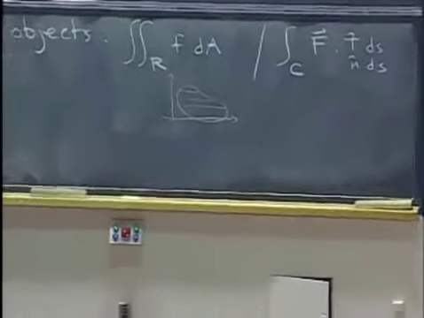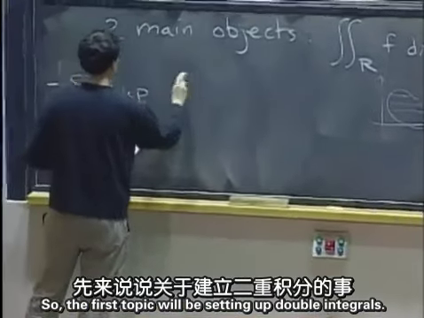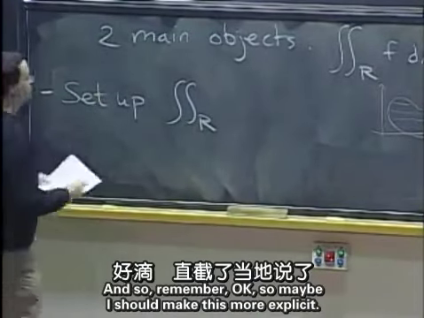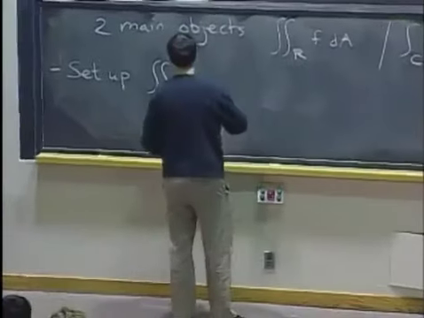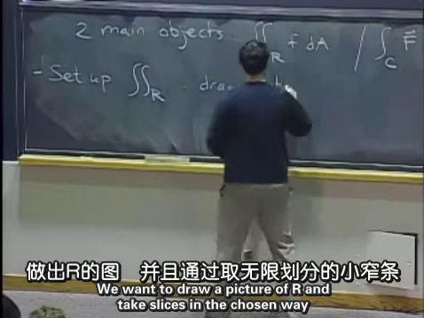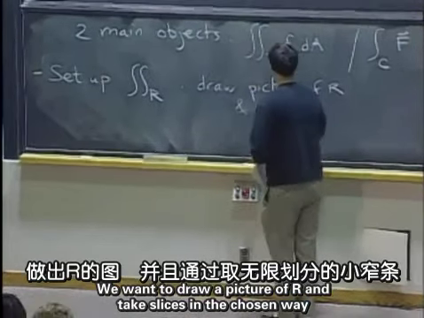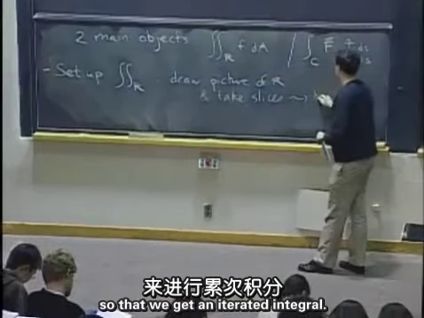So the first topic will be setting up double integrals. And remember, maybe I should make this more explicit. We want to draw a picture of R and take slices in the chosen way so that we get an iterated integral.